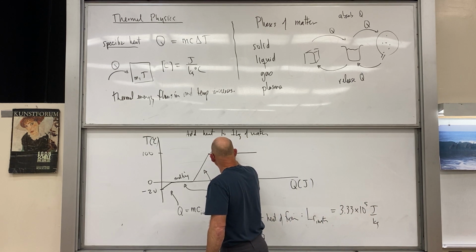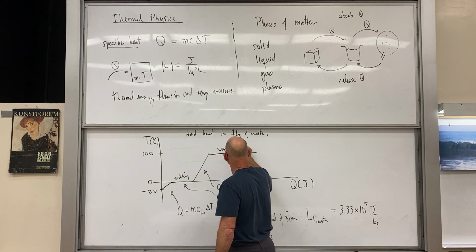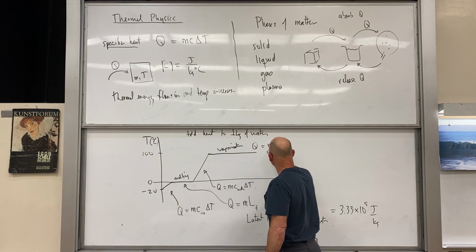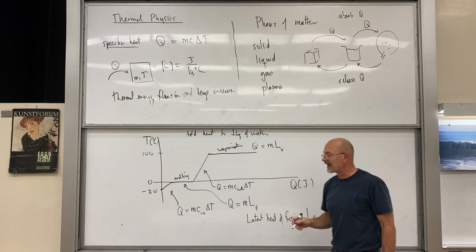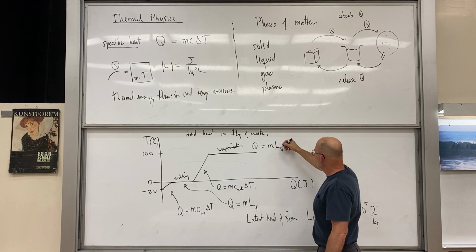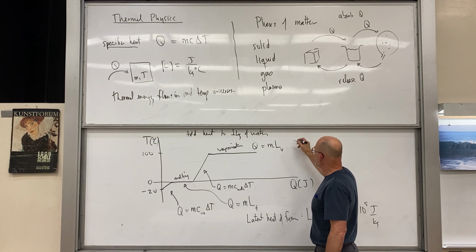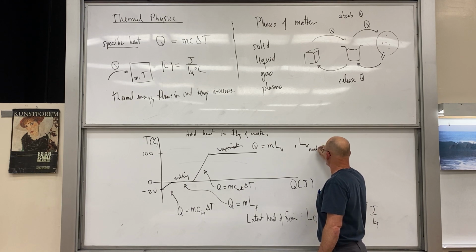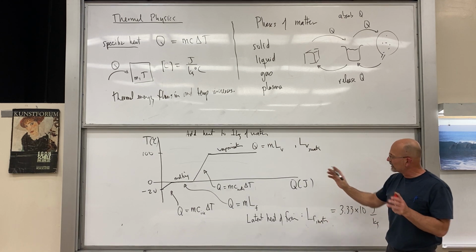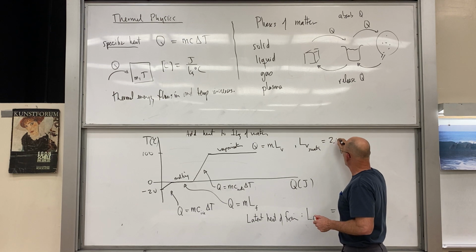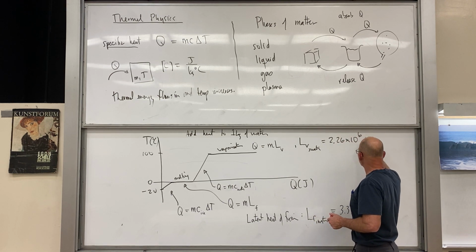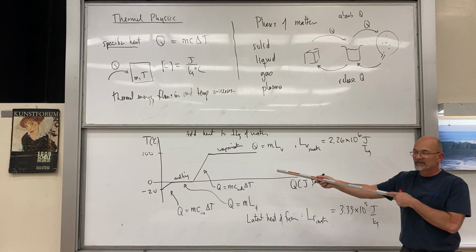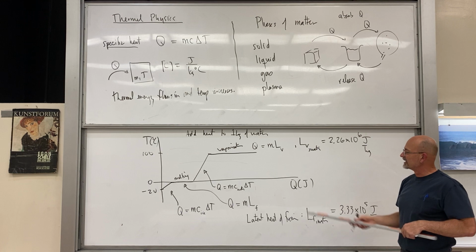So this is vaporization, and there the Q is the mass times the latent heat of vaporization, m L sub V. L sub V for water, so that's liquid to steam, liquid to gas, is 2.26 times 10 to the 6 joules per kilogram. It takes an enormous amount of energy to vaporize this kilogram of water completely.